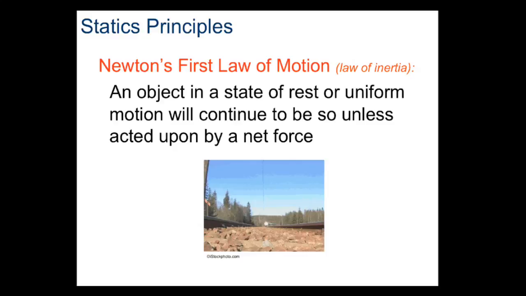So we'll consider Newton's first law of motion, and it says an object in a state of rest or uniform motion, meaning constant velocity, will continue to be so unless acted upon by a net force. What does that mean? That means if something is moving, it'll keep moving unless something else stops it. For us, since we live on Earth, we have an atmosphere, so if you throw a ball, gravity and the atmosphere act upon the ball.